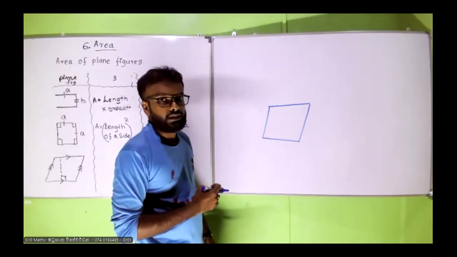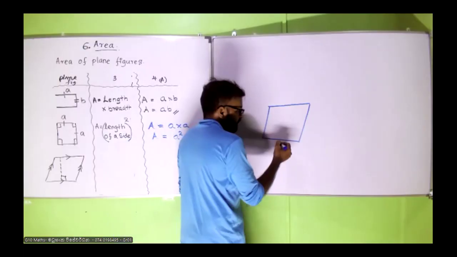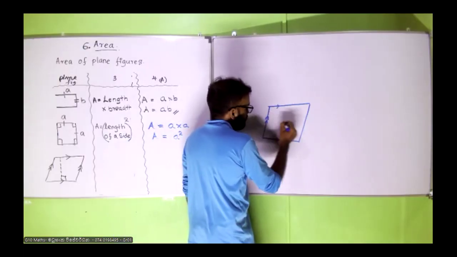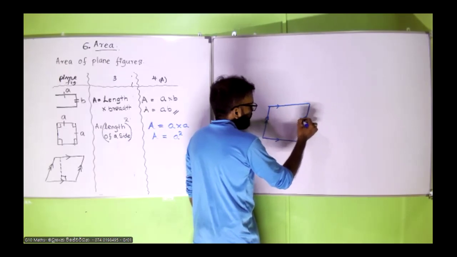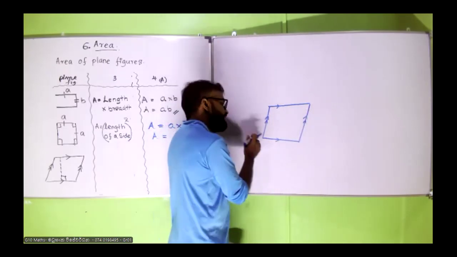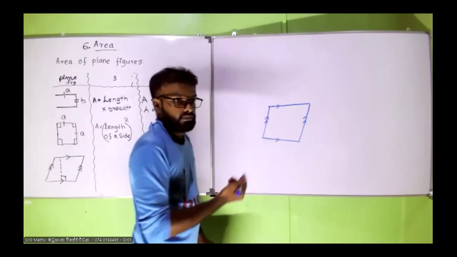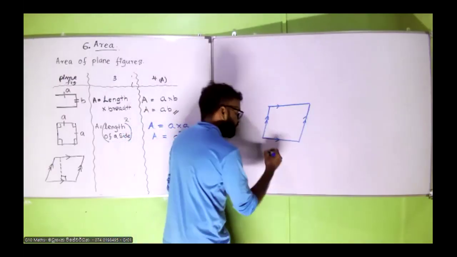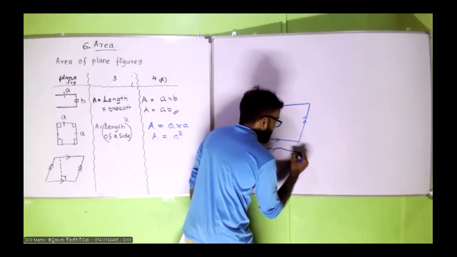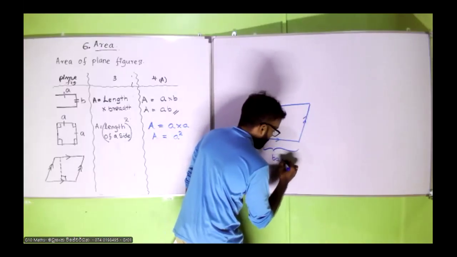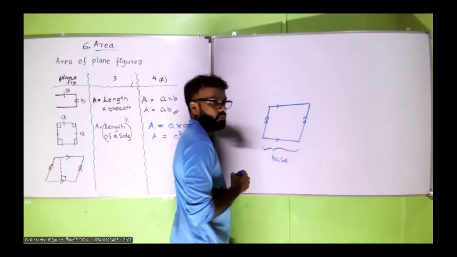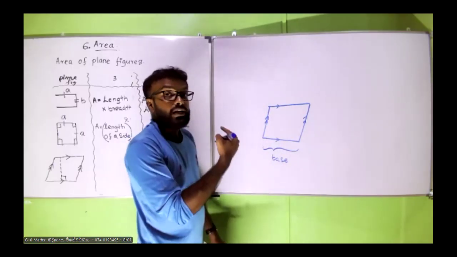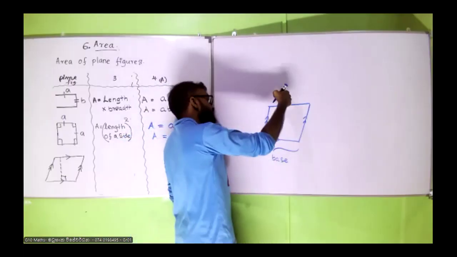So if this is a parallelogram, and this side becomes a base, what you need to do is get the perpendicular height between this base and the opposite side.